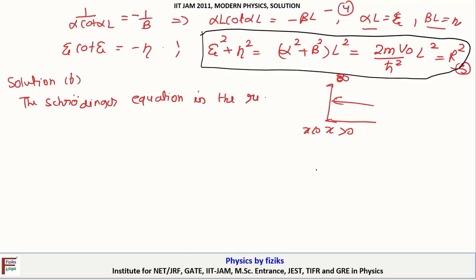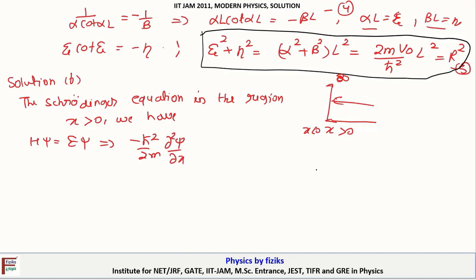So in the region x greater than 0, we have H psi equals E psi, which implies minus h cross square by twice m del square psi by del x square equals E psi, which implies del square psi by del x square equals minus 2mE by h cross square into psi, that is, del square psi by del x square plus alpha square psi equals 0.